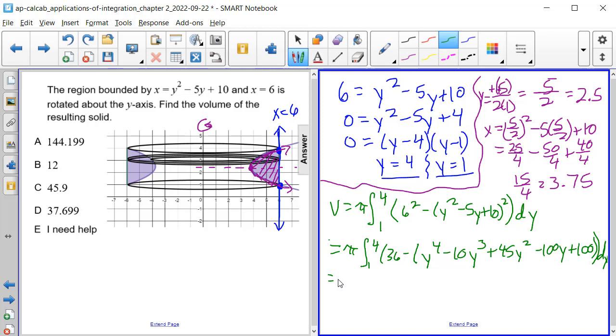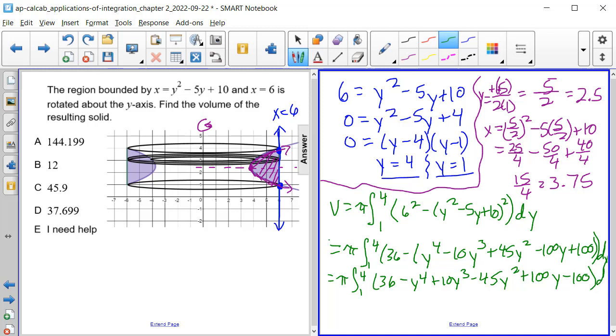So the next line is going to be to change the signs of everything within the parentheses, with the exception of 36, because that stays the same out in front. It'll be minus y to the 4th plus 10y cubed minus 45y squared plus 100y minus 100.